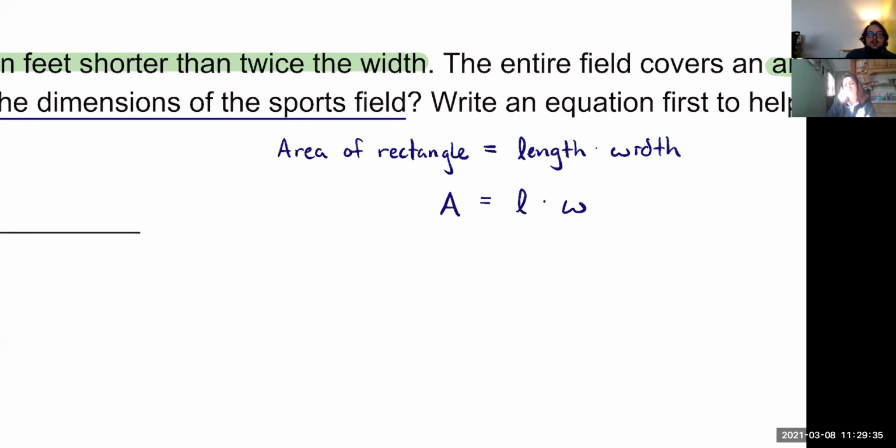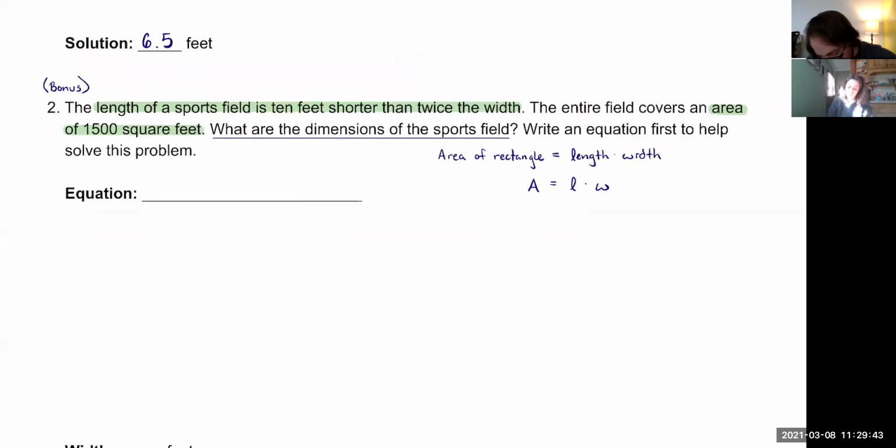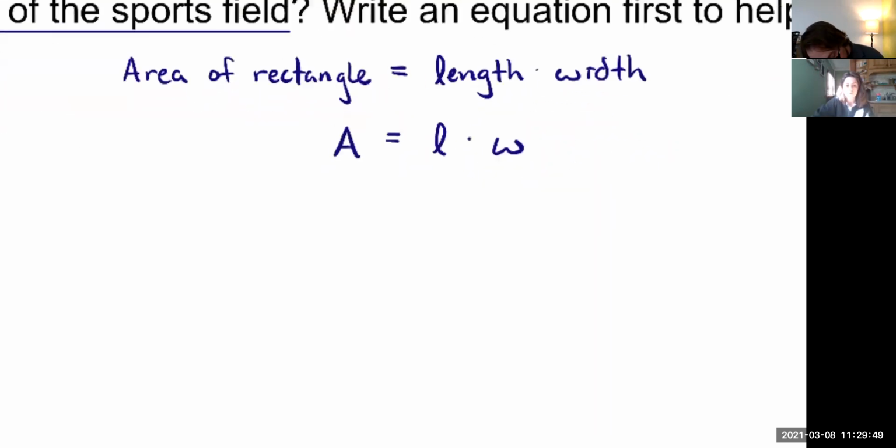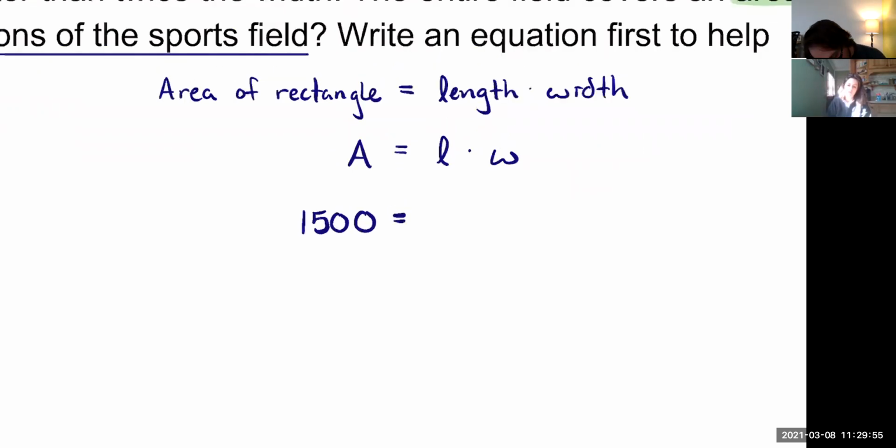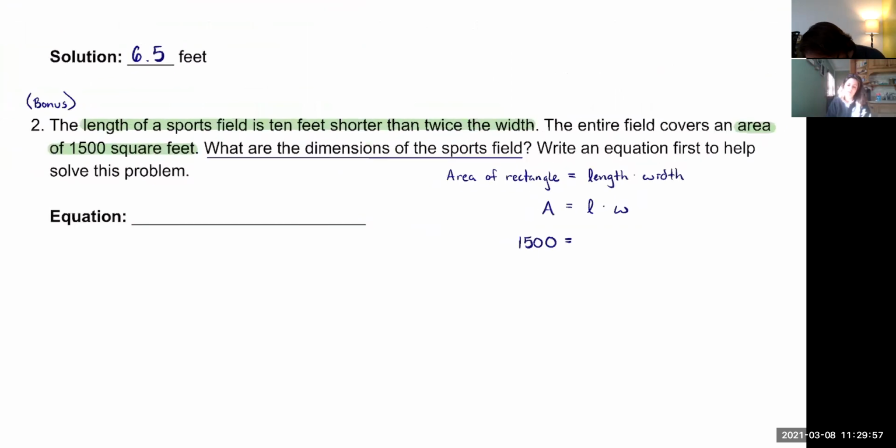We need to try to figure out what information we have for that formula already. What do we know right off the bat? Area equals 1,500 square feet. Area is 1,500 square feet. So we have a value for area. Do I know anything about the length or the width?